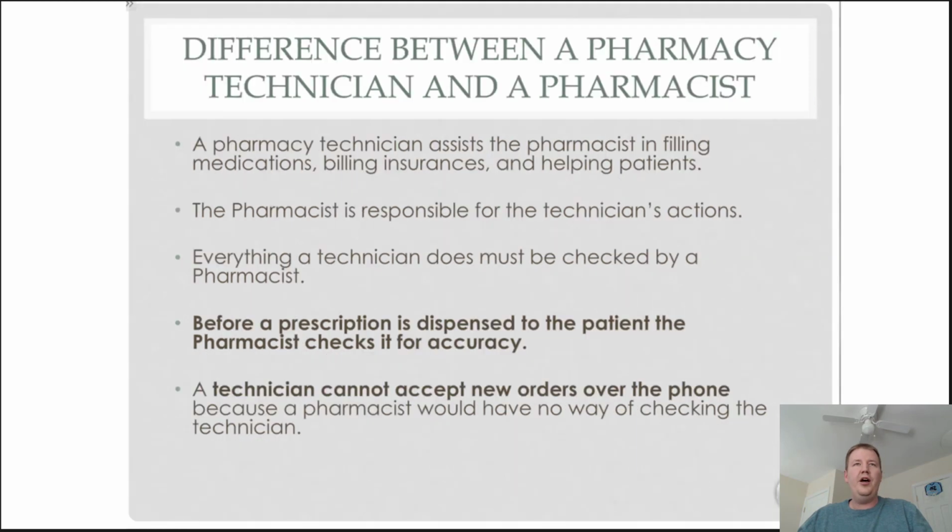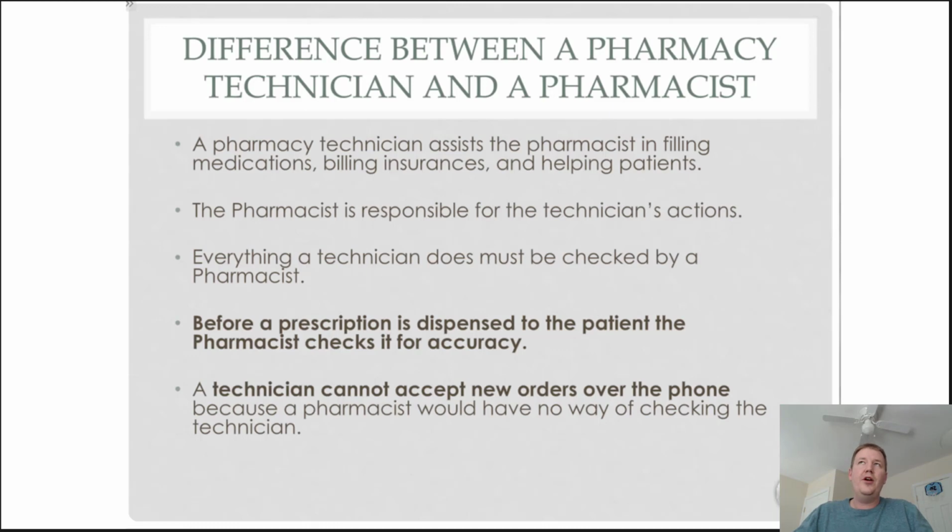All right, so a pharmacist and a technician are very different. You can look at it like a pharmacy technician is sort of the workhorse and the pharmacist has the license. That's a good way of looking at it, I feel like. So a pharmacy technician cannot check prescriptions, and cannot do anything that requires the educational acumen of a pharmacist.